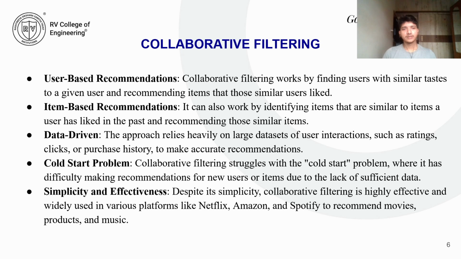Data driven. So the approach relies heavily on large data sets of user interactions such as liking a post, clicking a particular video, or the purchase history or the watch history of the user to make accurate decisions on these insights.